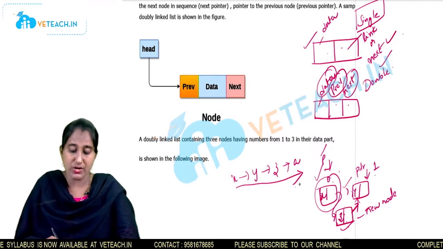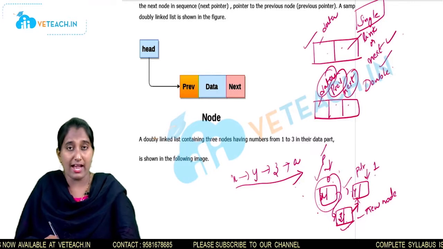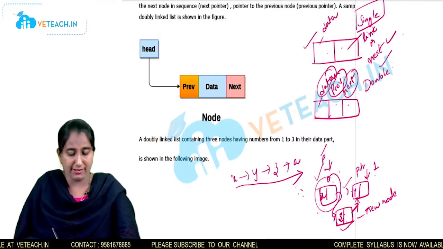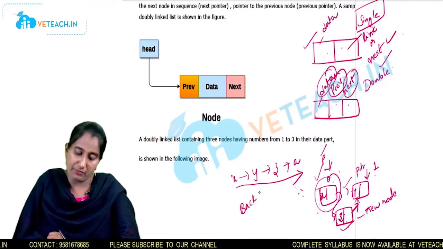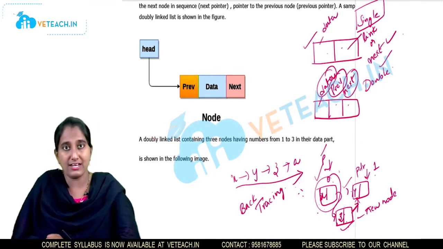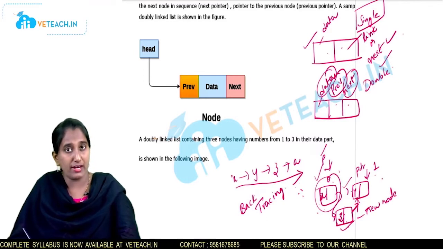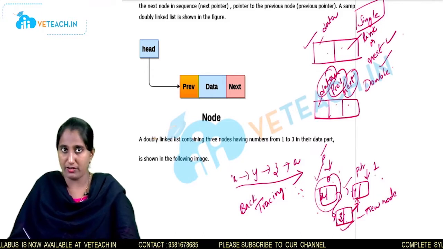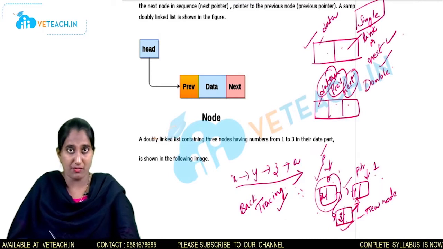These are the drawbacks we have in the single linked list. We can't do back tracing in single linked list. Whenever we want to insert a node at a particular location, we need to take one more temporary pointer, isn't it? So back tracing is the main drawback.